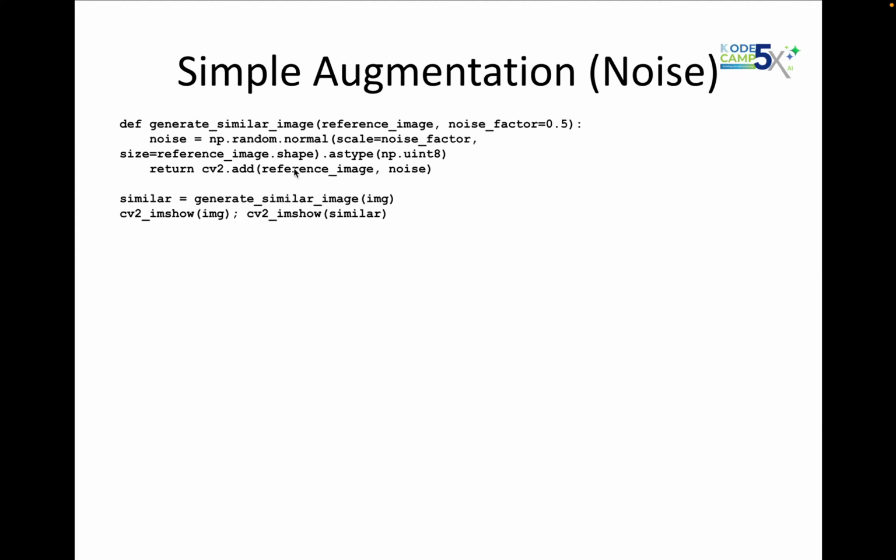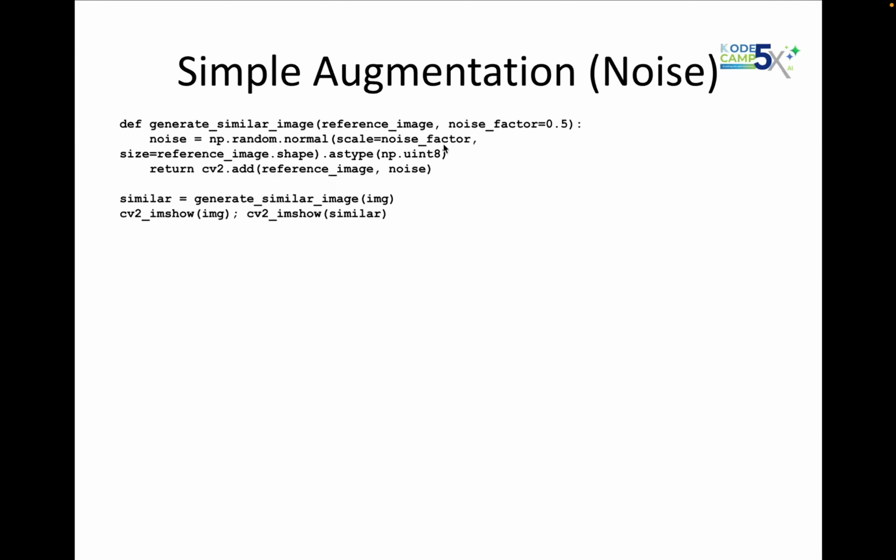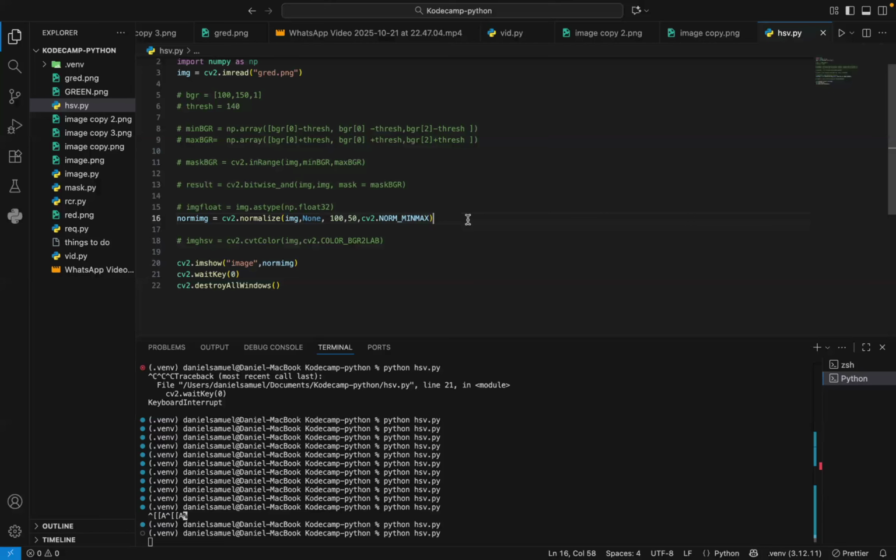What is happening here is we pick our reference image, and we generate another image, which is our reference image with the noise that has been generated. So basically we got an image, generated some noise on it, and then we return our image with noise. It's very, very simple.